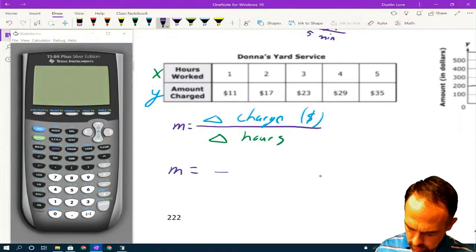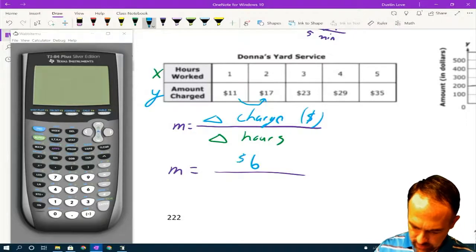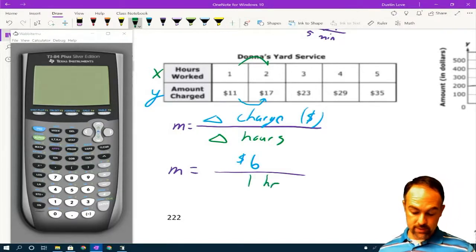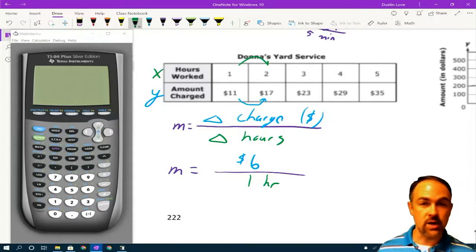So let's see how much we're actually changing things here. From 11 to 17 is 6. We're adding 6. Oh, charge goes on top, so $6. The change in hours, we're going to be adding 1 there. So that's 1 hour, so that's already reduced. It looks like she's charging $6 per hour.